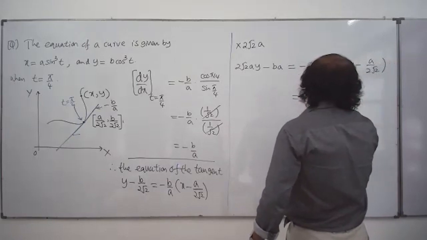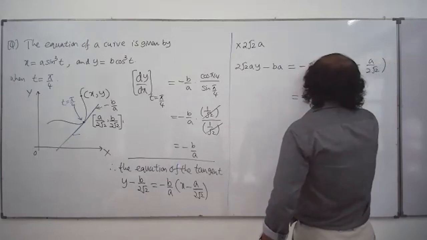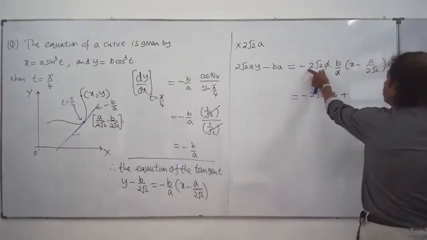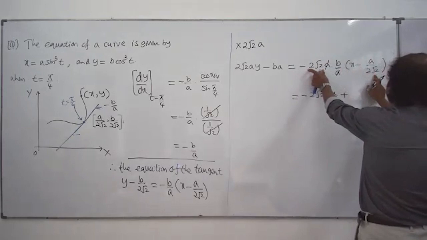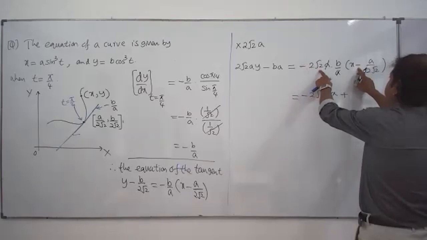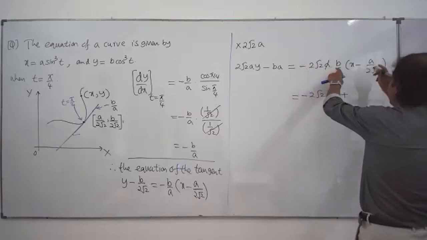Minus 2 root 2 bx. This minus make plus. This 2 root 2 will cancel with this 2 root 2. Right, people? So what do you get? Minus and this minus make plus. 2 root 2 and this 2 root 2 we can cancel down. B and A, when we multiply, we get AB.